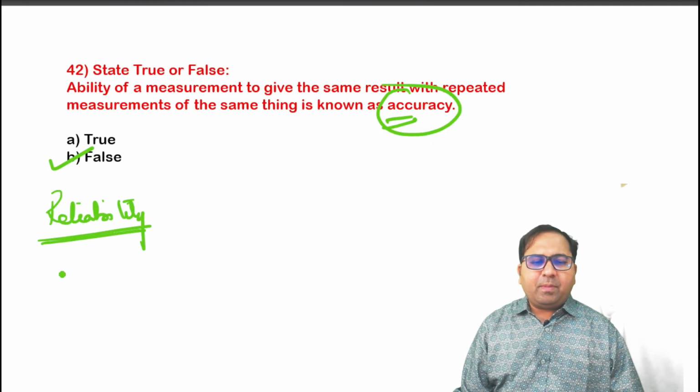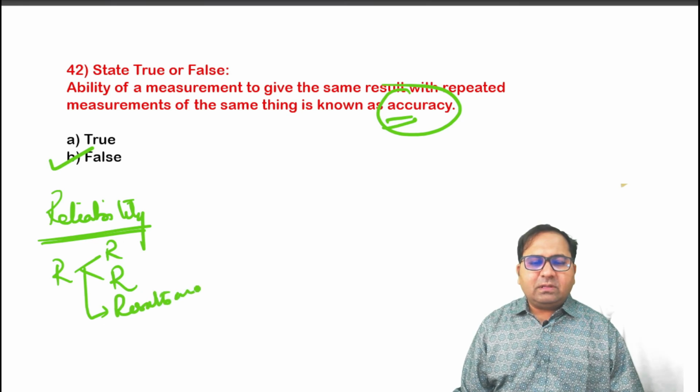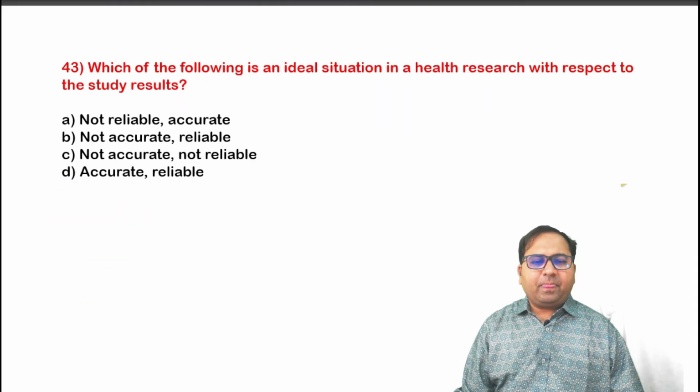Please remember, R for reliability, R for repeated measurements, R for results are the same. So the results are the same. Okay, so false is the answer for this question.